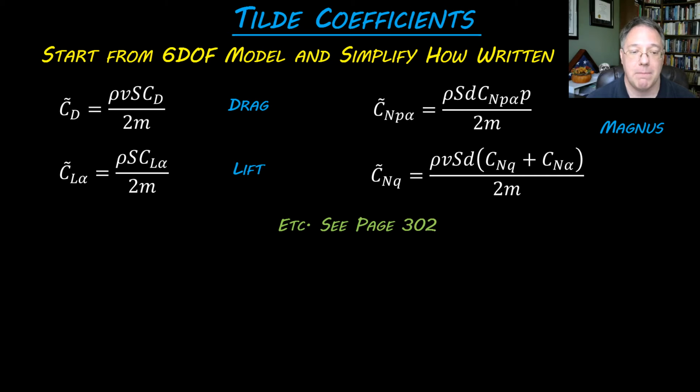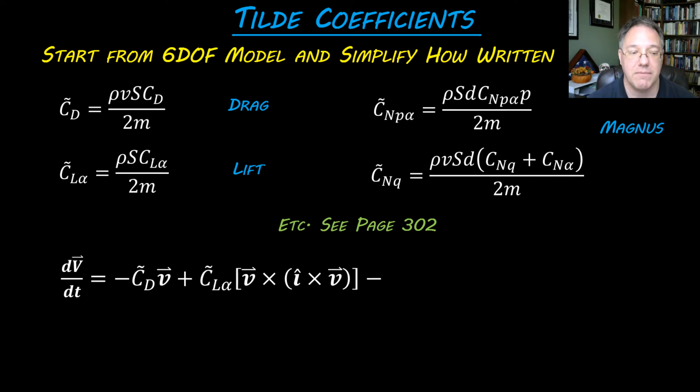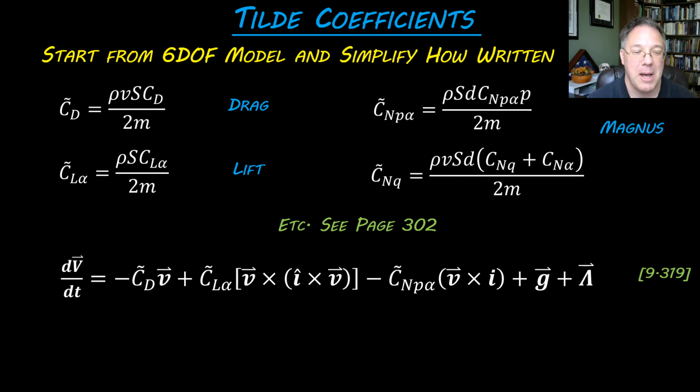We can look on page 302 to get all of them. I'm not going to put them all here, but essentially they end up being all of the terms from our 6 degree of freedom model, which means we could take that and rewrite it in this fashion. If you remember the last video, I had to use real small text to make it all fit on the page. But this is equation 9.319, the same equation that we saw before, just with a substitution.